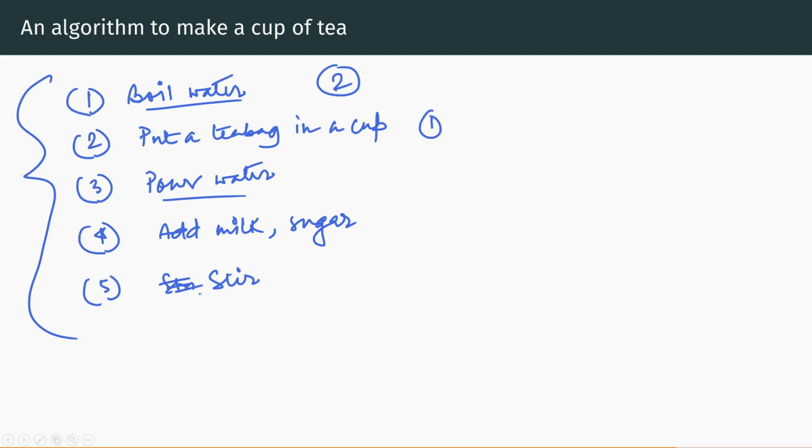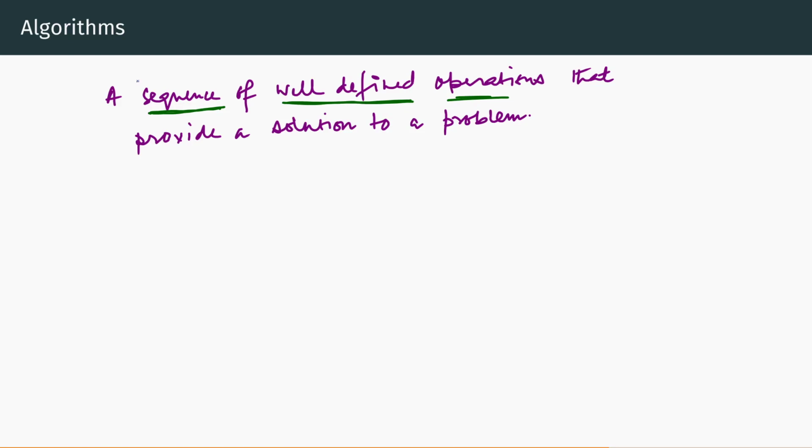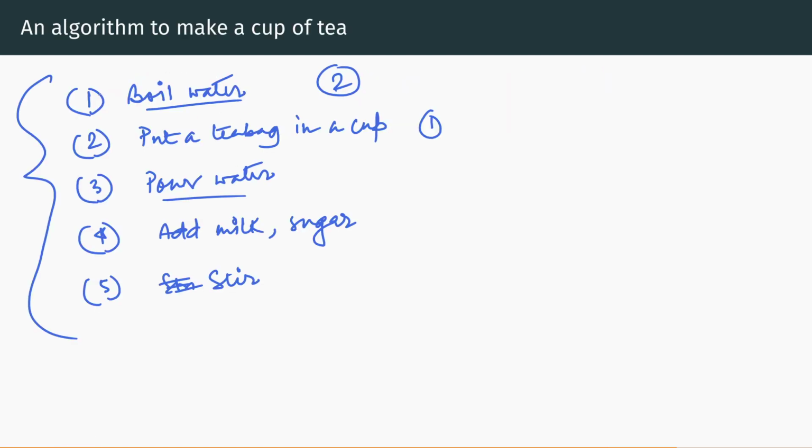So when you teach somebody how to make a cup of tea, you would teach them a set of operations that they can perform. So that's the first point we talked about, which is a sequence. An algorithm is a sequence of operations. These are the individual operations, right? Boiling water is an operation. Putting a tea bag in a cup is an operation. Pouring the water is an operation.